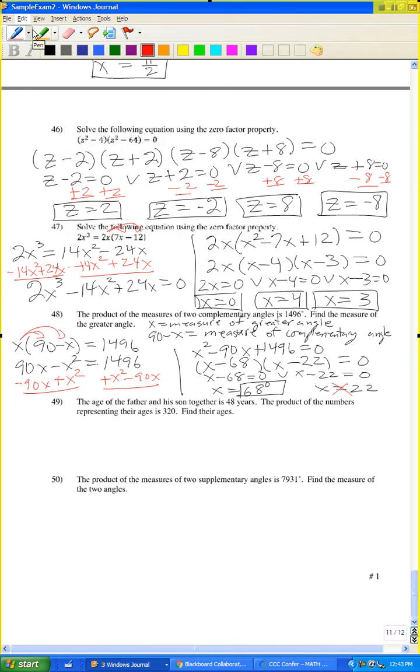The age of father and son together is 48. So the product of numbers representing their ages is 320. Find their ages. Okay, so let X be the age of the father.